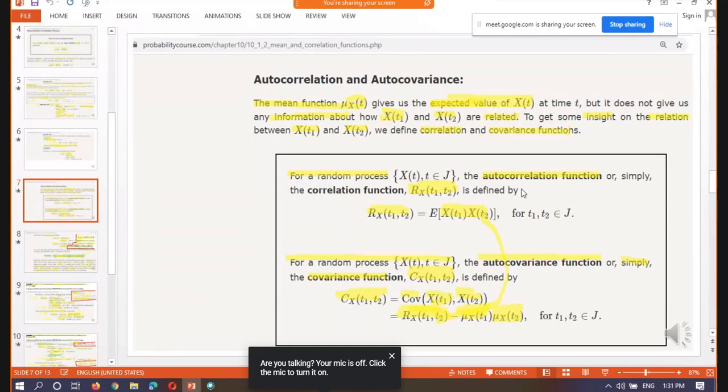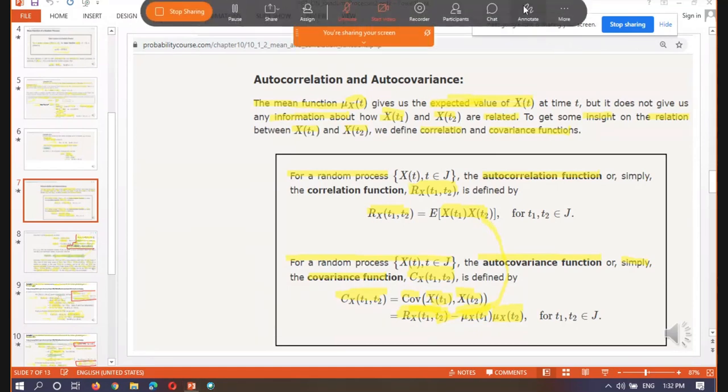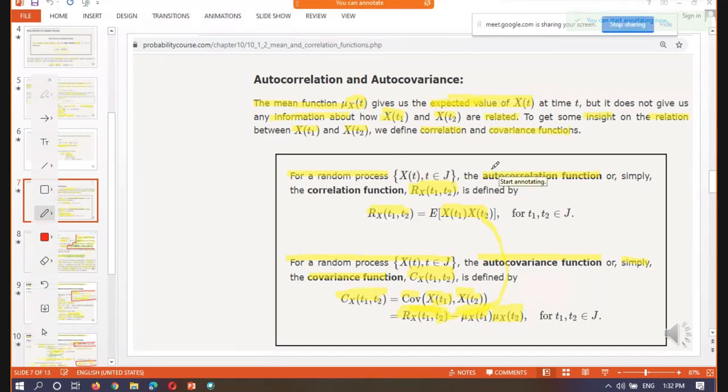So first we define this for any t1 and t2. So this is the general formula. Like if it's discrete, then here Xn1 or Xn2, t1 is replaced by n1 and t2 is replaced by n2. So this is the definition of autocorrelation function.